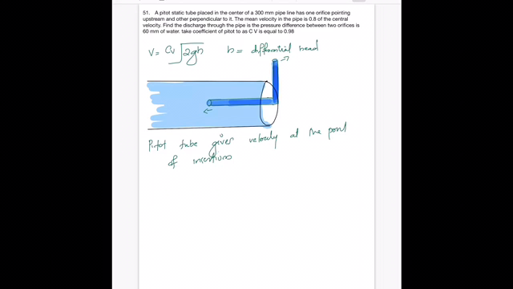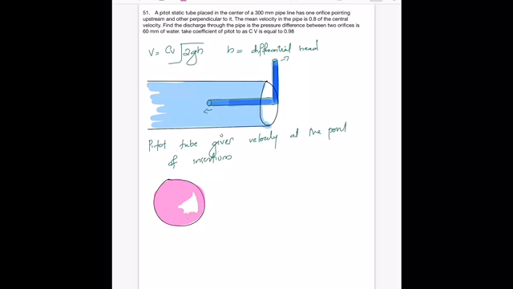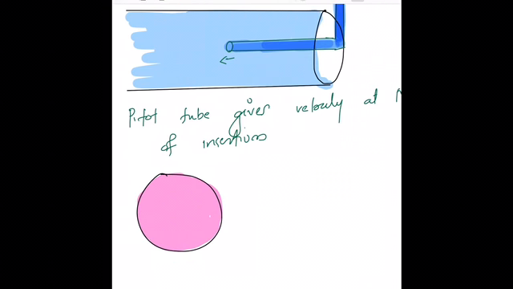Now one thing that you need to understand is that if there is a pipe and a fluid flowing through it, the velocities will not be constant. The fluid will have least velocity near the surface and the maximum velocity at the center.